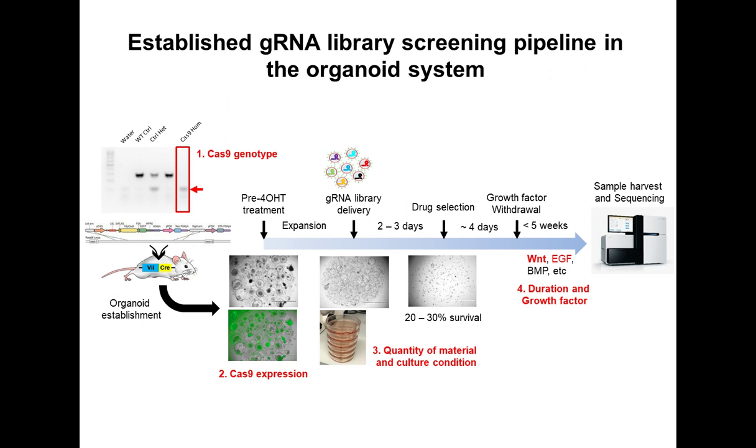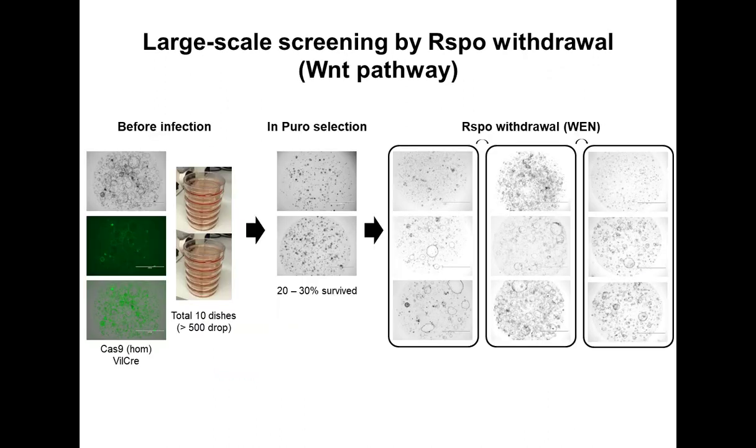So I'm going to show you the result of Wnt withdrawal first. So here we had a Cas9 expression organoid, and this is the organoid after Puro selection. And after we remove R-spondin from the condition, which makes the Wnt stimulation very inefficient, most of the organoids were dying, but there were some surviving ones.